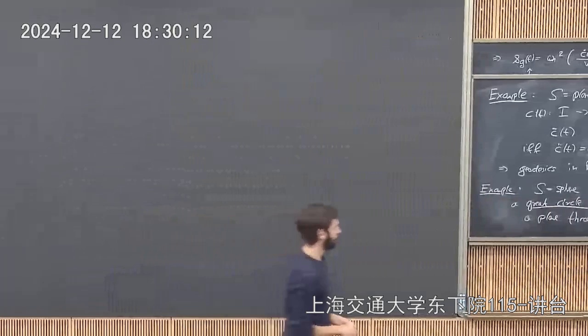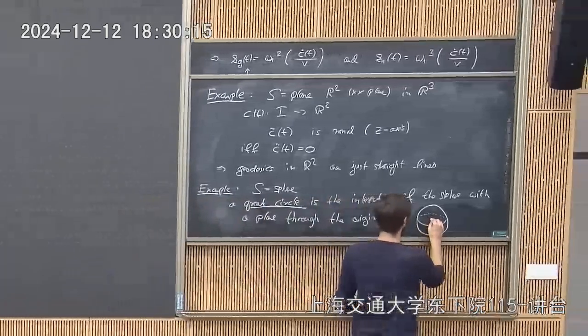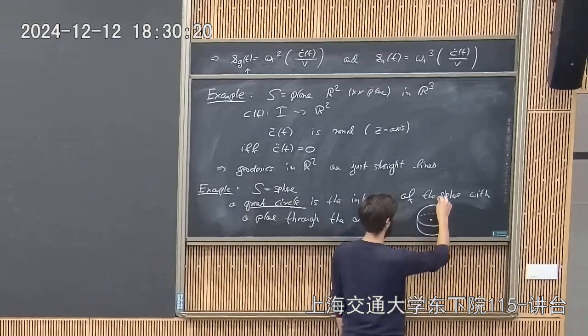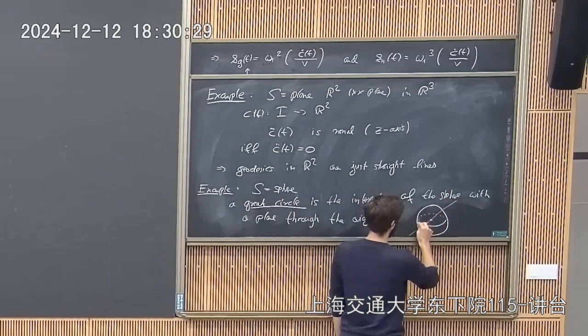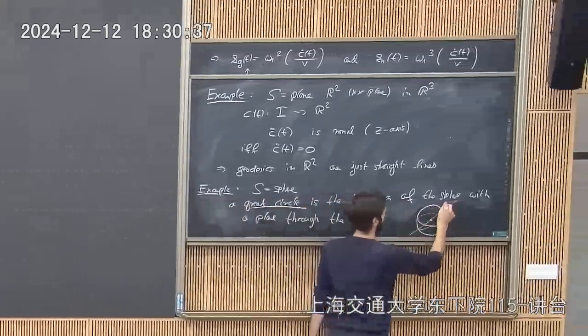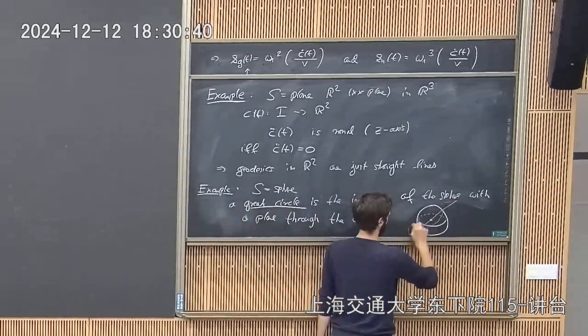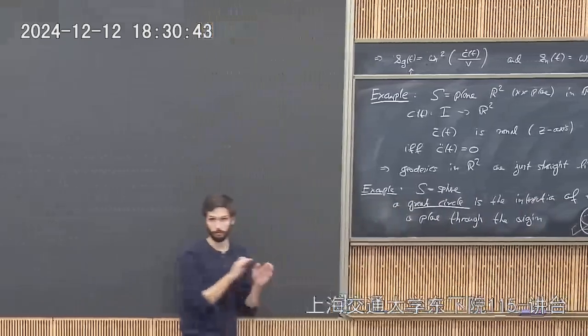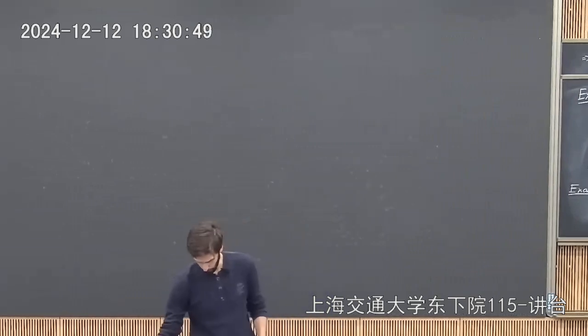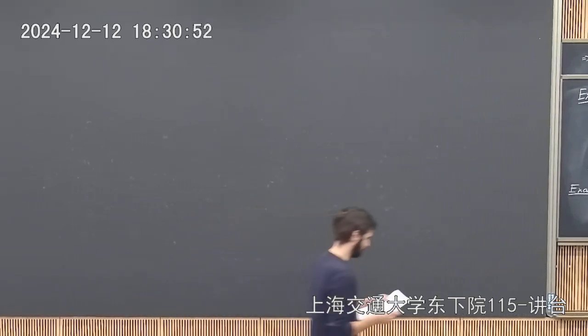So we just take a plane through the origin, and then we get the circle that is cut out by this plane. You intersect them, and that gives you a curve. And these curves are called great circles.